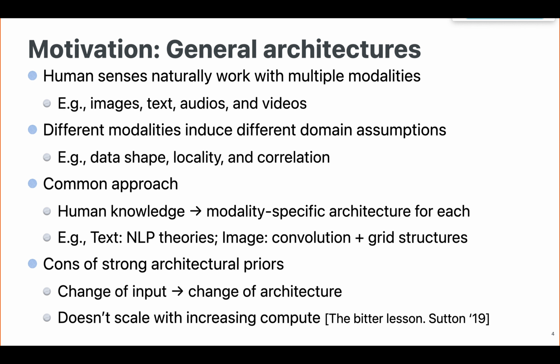So first, let's motivate why we need general architectures. As we know, humans interact with the world with multiple senses. We see, we talk, and there are also different modalities with different data shapes and structure. The common approach to cope with different modalities is to impose human knowledge, right? For example, for images, if we have a pixel, then the surrounding pixels could express the same feature. It could be my hair or my body, and so we use convolution to upsample those features.